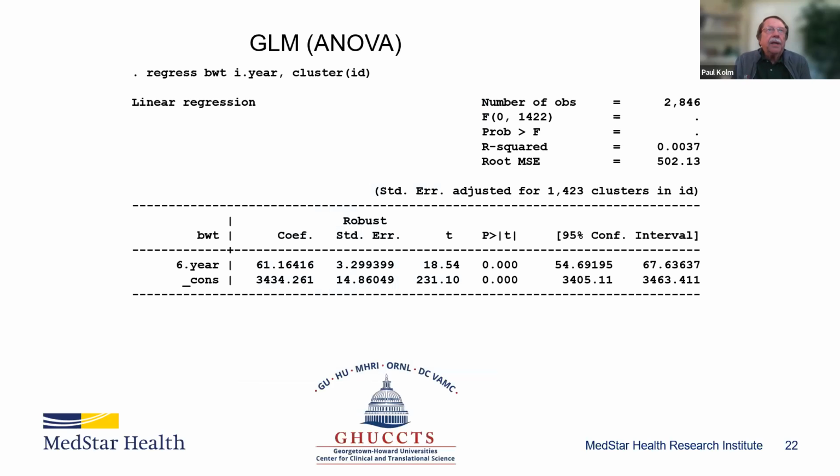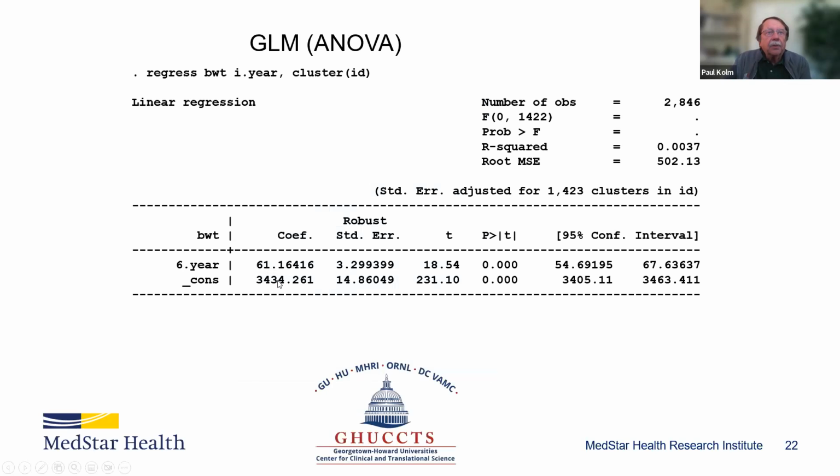And so if we did the general linear model, in this case, we'll look at year as the intervention. And so here, what we would get is the intervention difference that we saw in the paired t-test of 61.